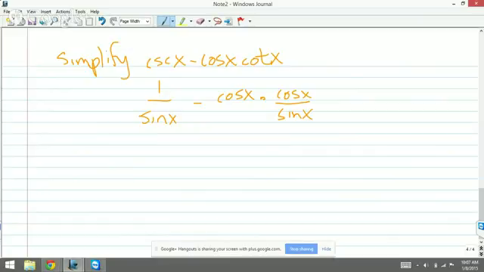Okay, so now we're all in terms of cosine and sine. This is kind of where you want to head with a lot of these. You're just getting rid of it and making it more simple.